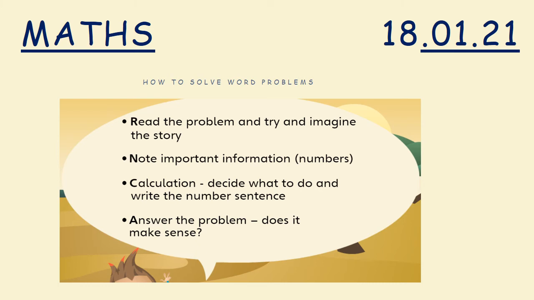Next, we have to calculate the problem. We have to decide what to do and write the number sentence. Finally, we have to answer the problem. Does it make sense? We can use an inverse to check it.